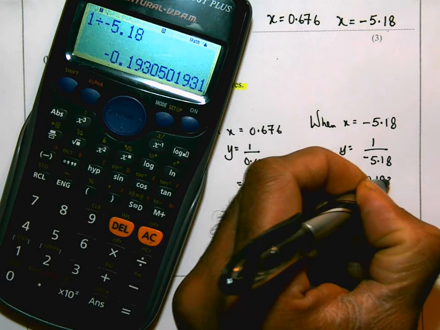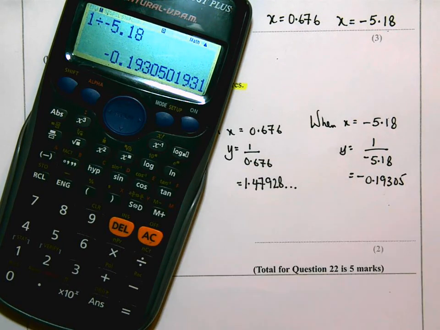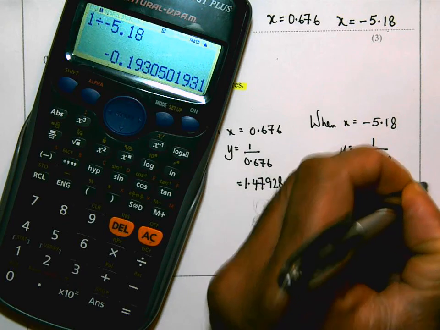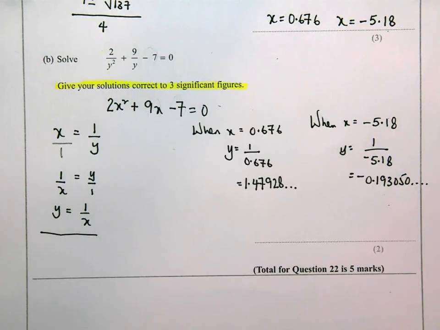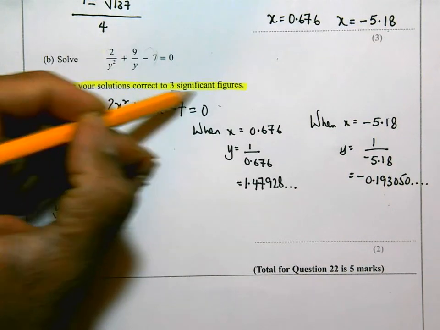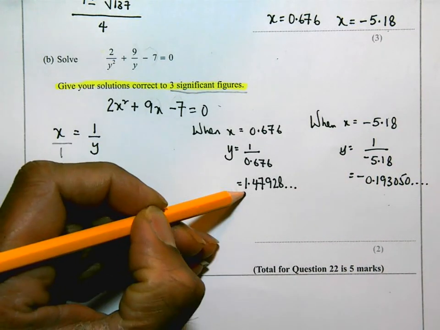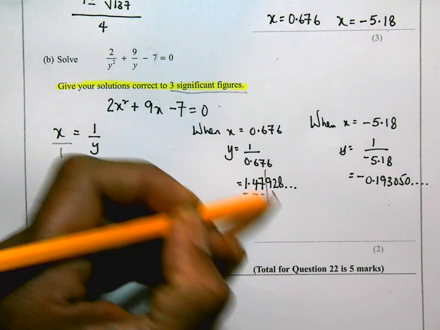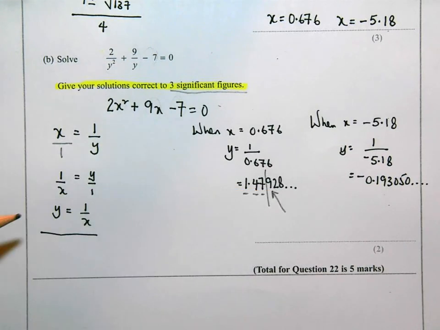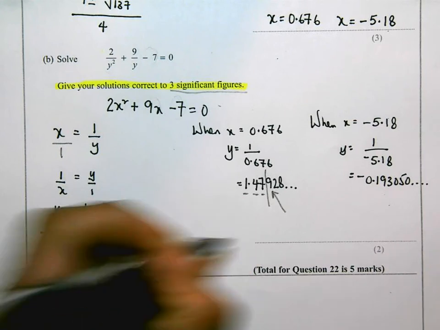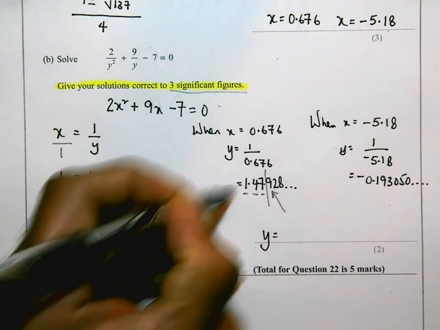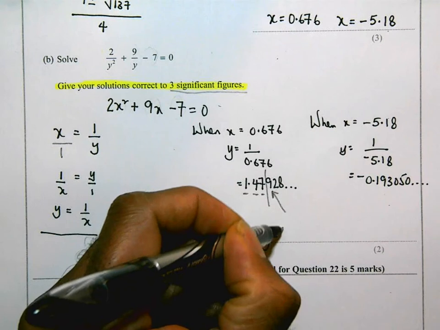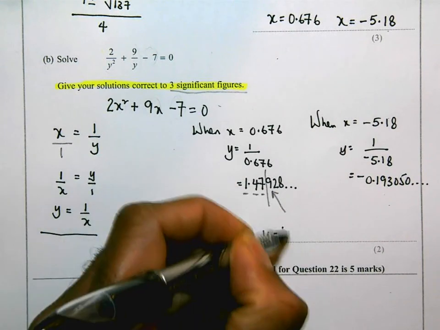Now, we're not quite done yet, because this question says give your answers to 3 significant figures. So I'm going to do that: 1, 2, 3. I'm going to cut it off there. The next number along, check it, that's a 9. If it's 5 or more, I need to do some rounding. So in this case, y is going to be 1.48, because of that 9, that 7 is going to turn into an 8.